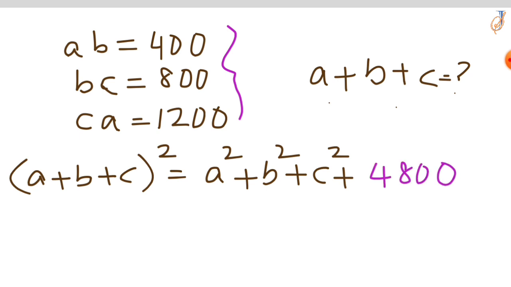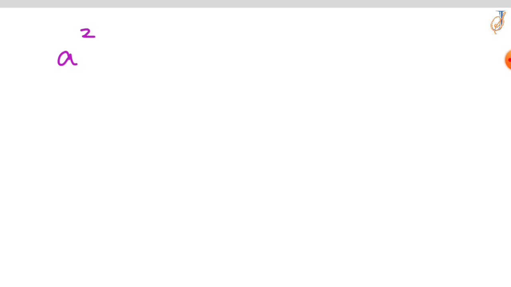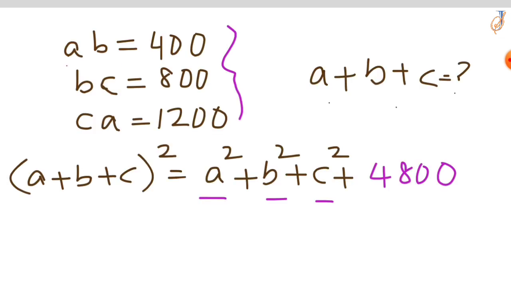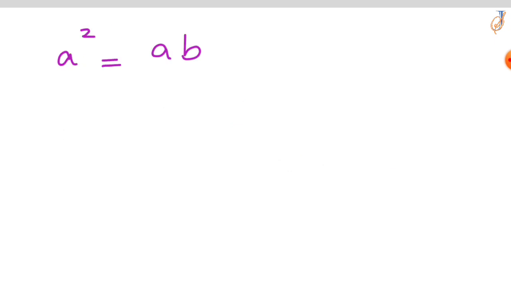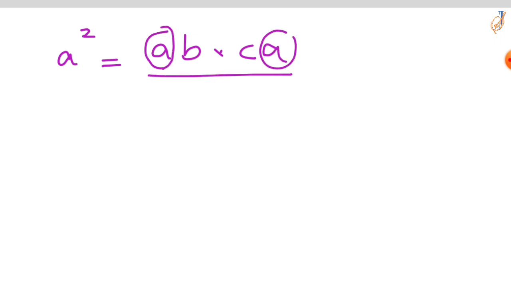Still we don't know what is A square, B square, C square. To get A square, we have AB and CA. Let's multiply these two: AB times CA. We need only A times A, which is A square, so we don't need BC, just divide by BC.